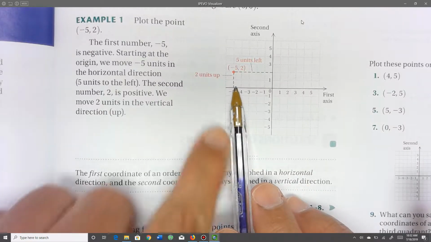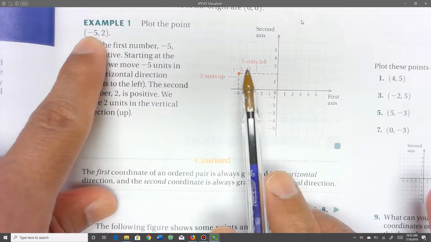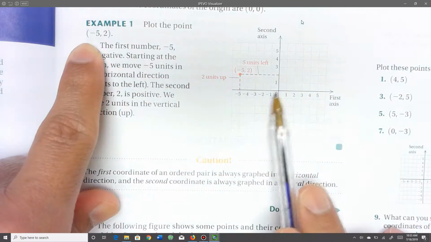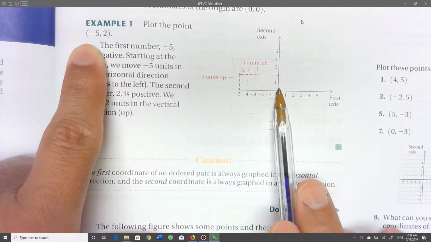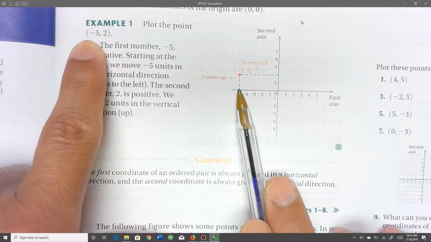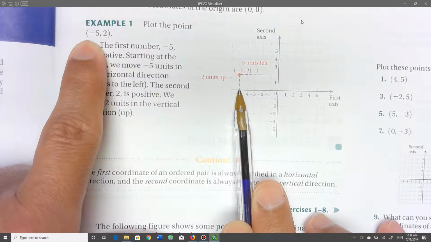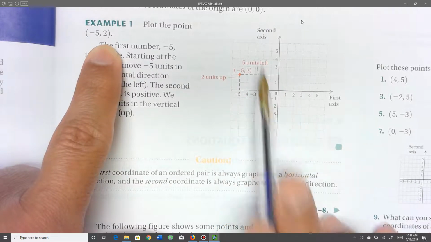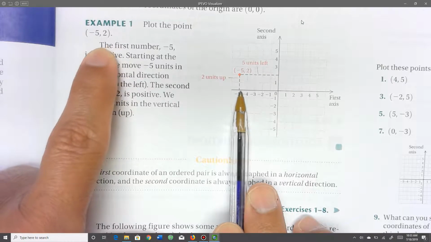So for example, if I want to plot that point negative 5, 2, I move on the x-axis first. I move to the left because you have a negative 5 there. So negative 5 units to the left, and from here I move up or down. I do not go back to the y-axis. No, that would be a mistake.